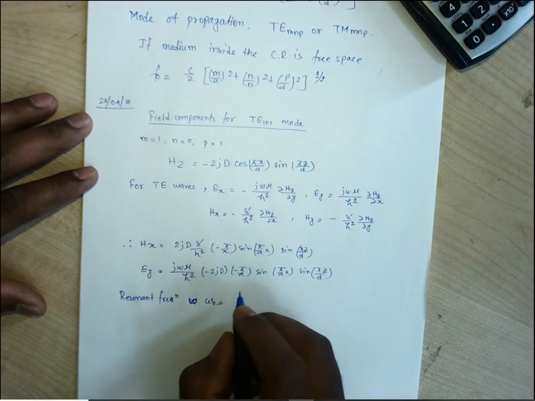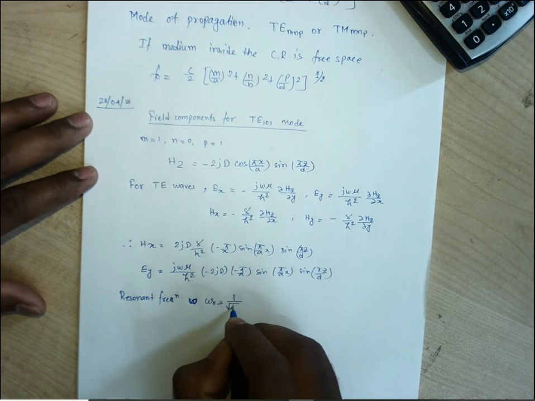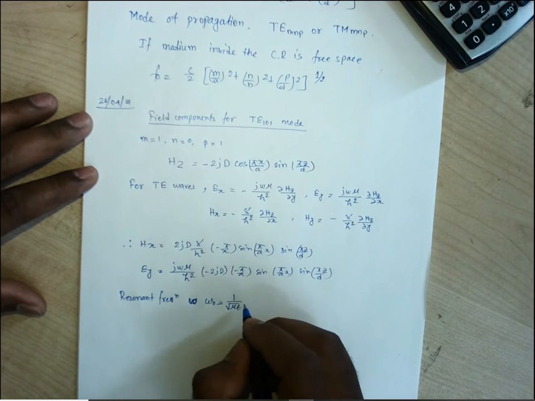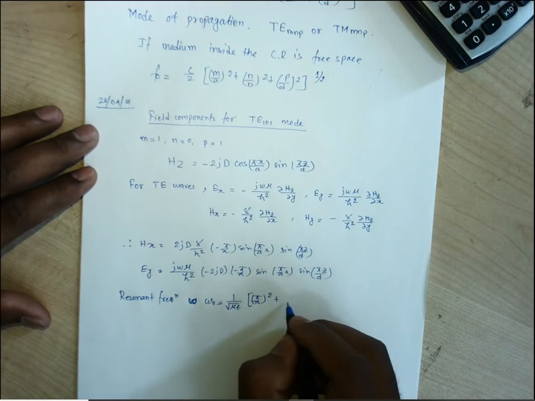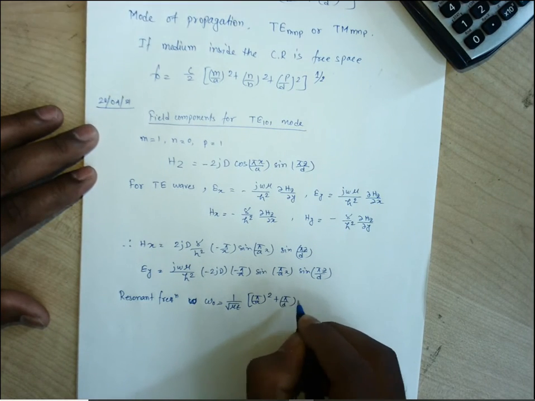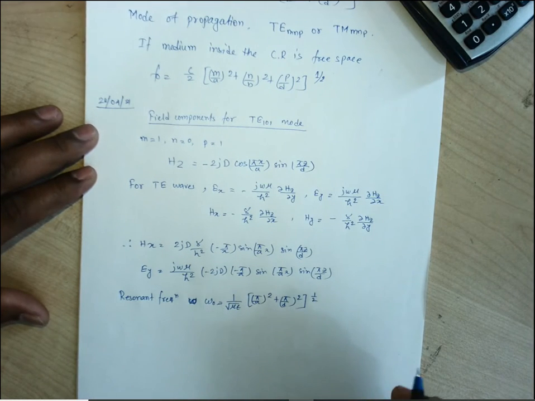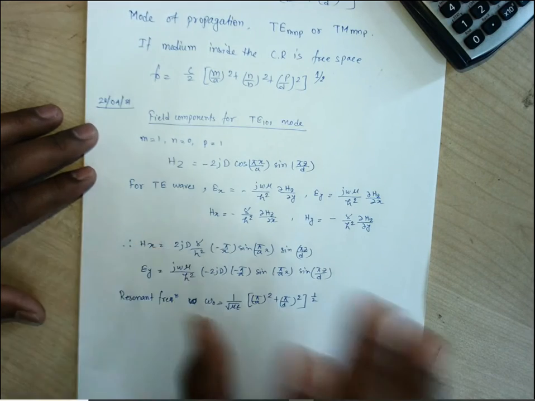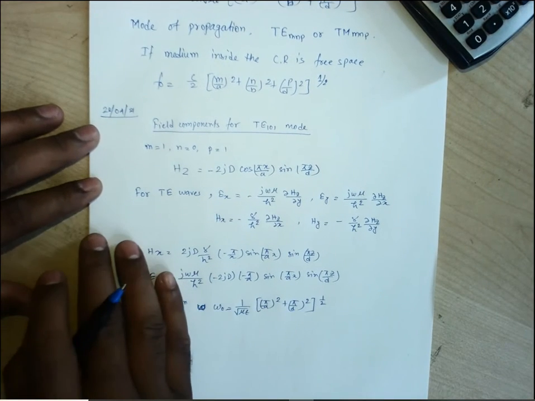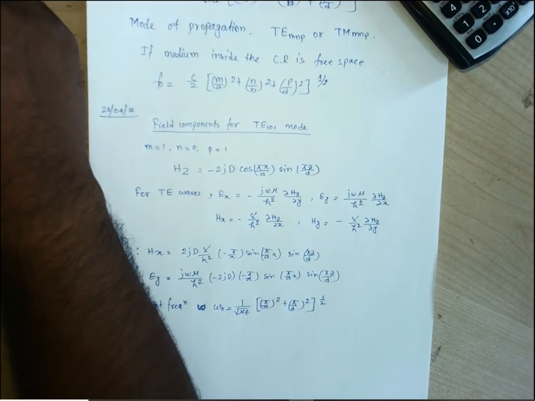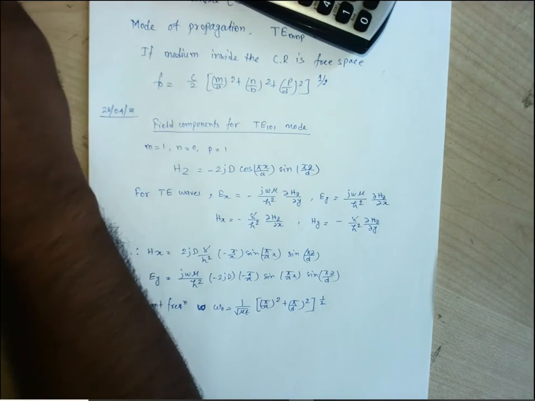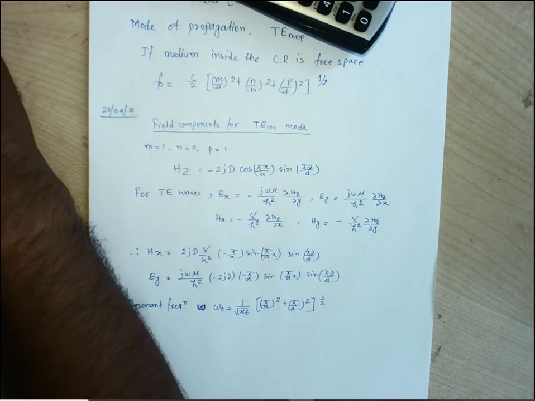So it will be 1 by root over μ epsilon, [(π/A) whole square plus (π/D) whole square] whole to the power half. So this is all about the rectangular cavity resonator. Any doubt, any question you can ask.